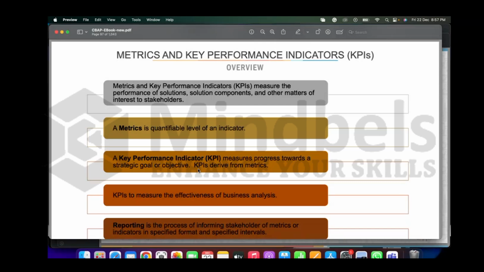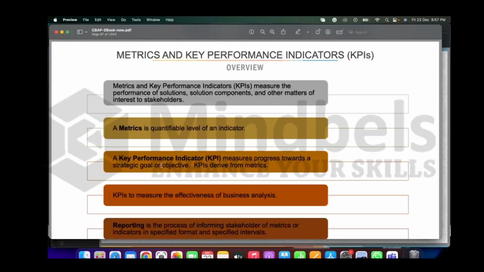A metric is a quantifiable level of an indicator. A KPI measures progress towards a strategic goal or objective. So KPI is derived from metrics, and you have to make sure you are measuring the progress towards the goal.